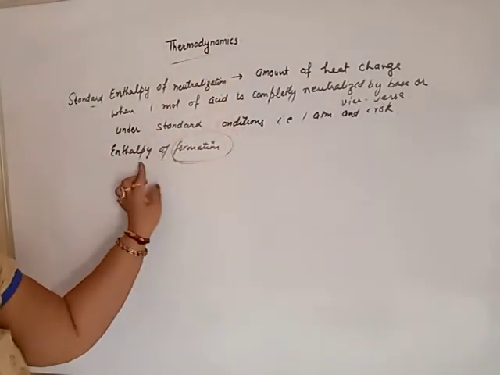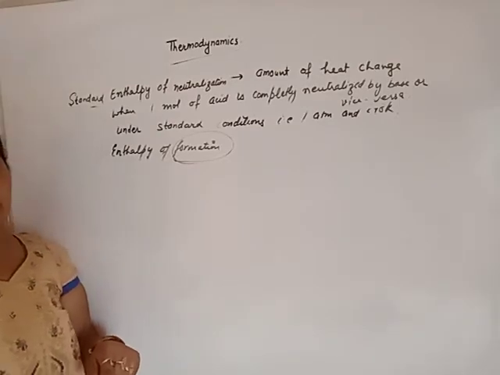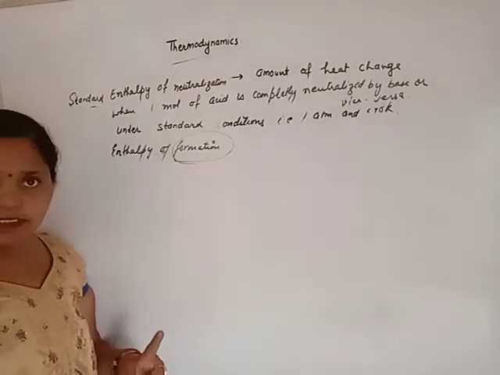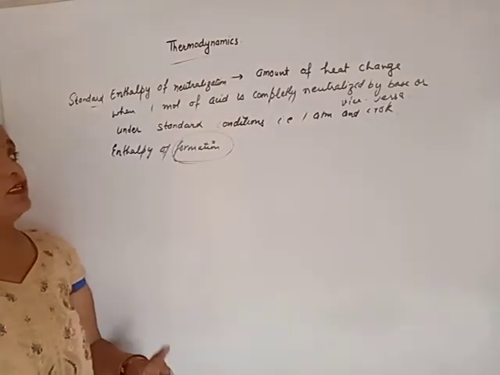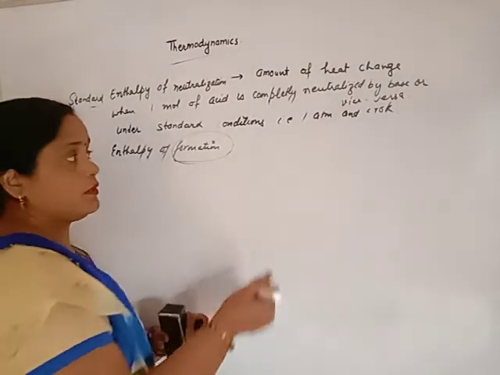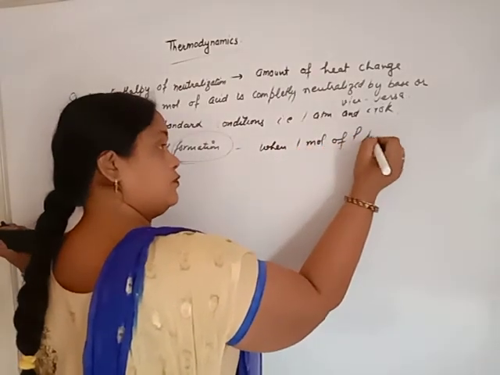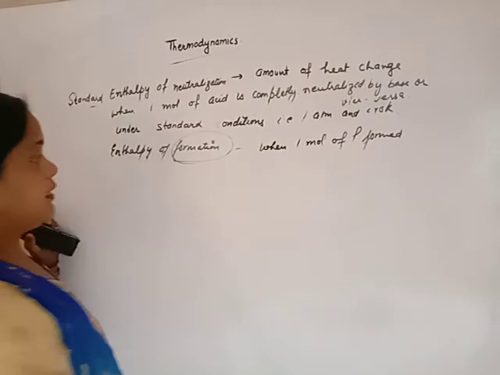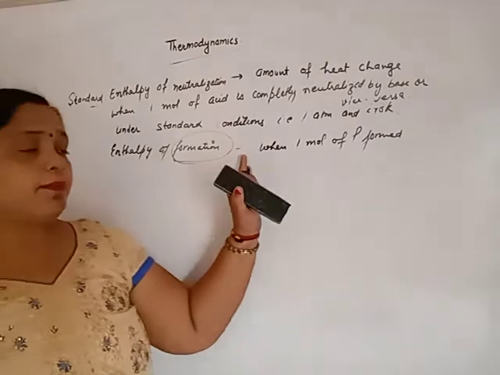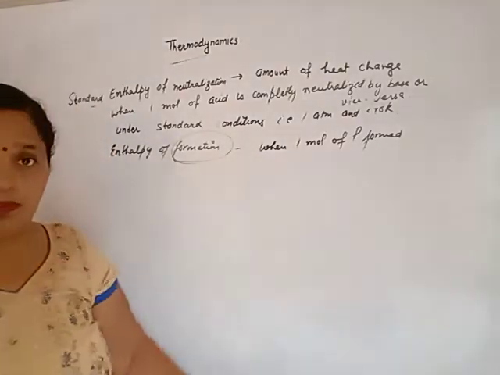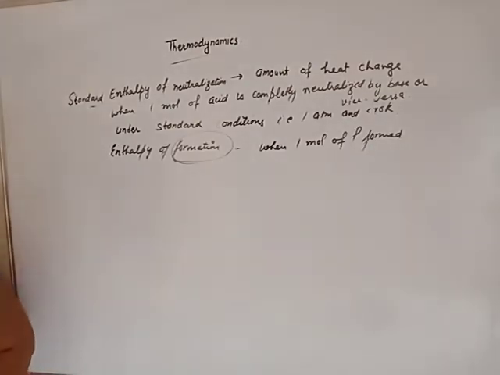It is the amount of enthalpy change, heat change or energy change when 1 mole of product is formed during a chemical reaction. And standard enthalpy of formation means the amount of heat change when 1 mole of product is formed during a chemical reaction under standard condition.